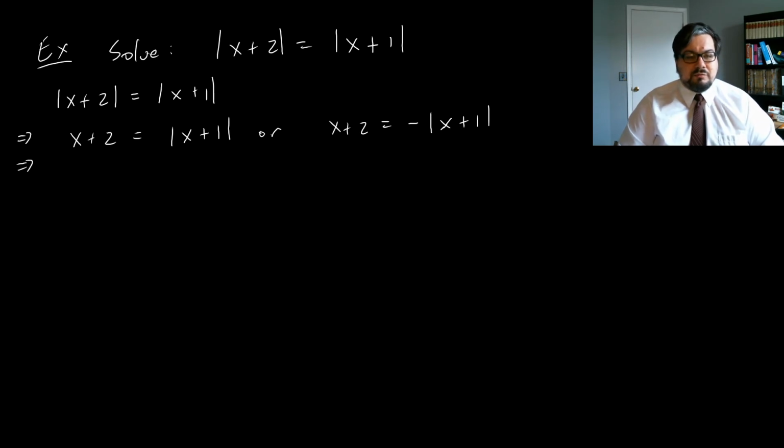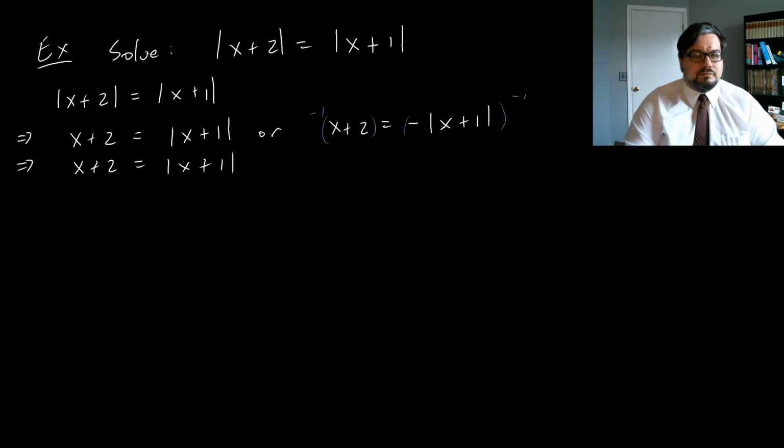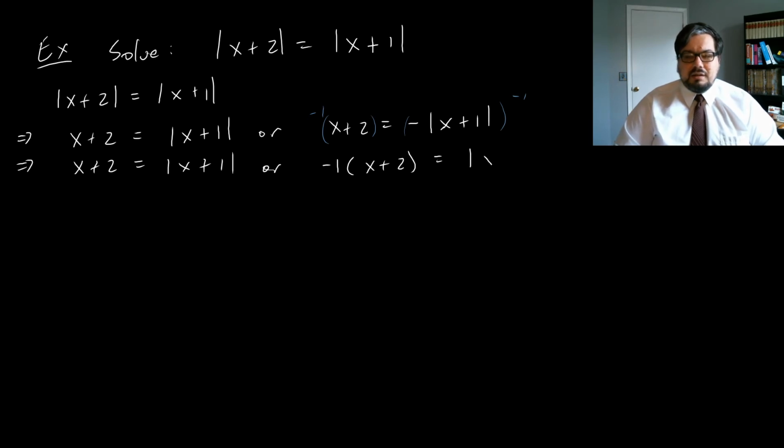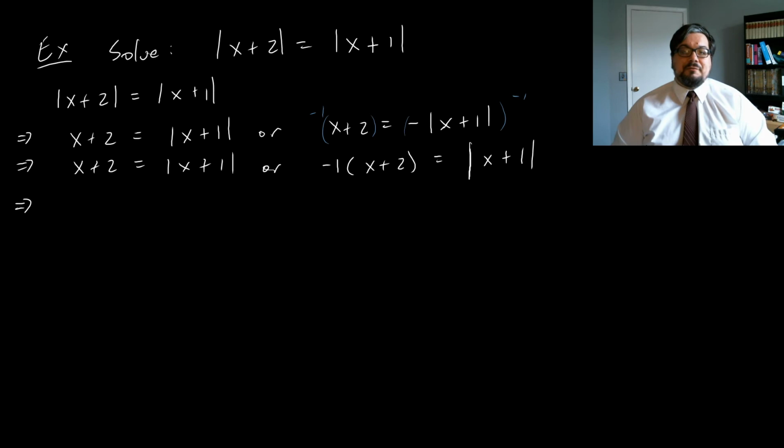So let's rearrange those a little bit, or rearrange the right-hand one. What I want to do here is I want to multiply both sides here by -1. And in fact, I'm going to leave it as -1 times x plus 2. And that has to equal the absolute value of x plus 1. So now let's use the same fact again.